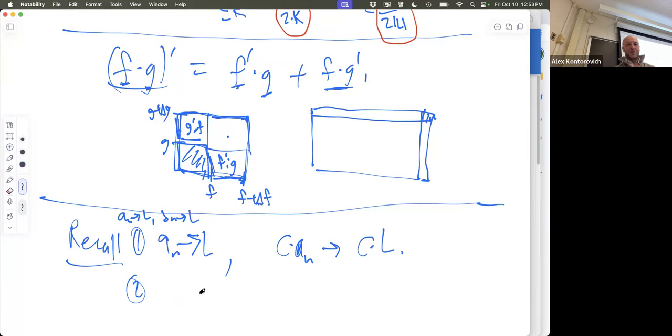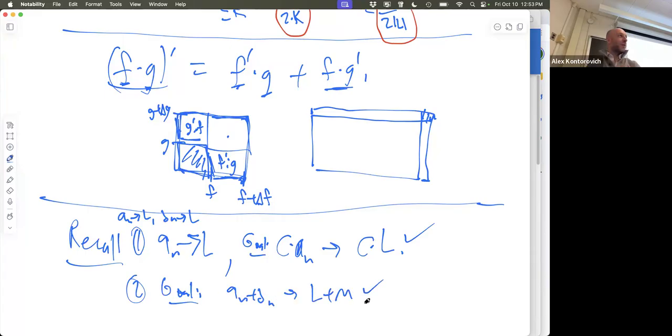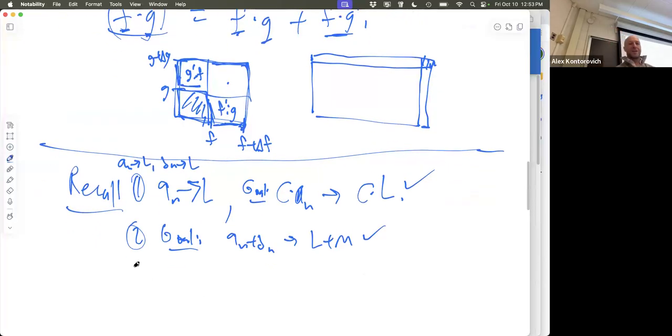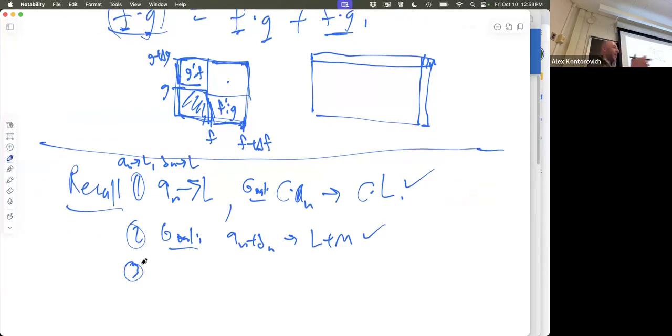Then our goal was AN plus BN goes to L plus M. We proved that. That was one of the first things we proved when we started this sequential limit interaction. Thank you very much.